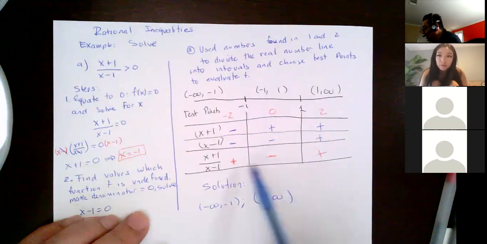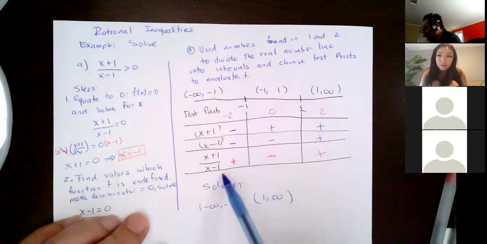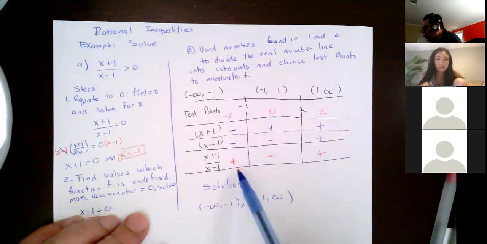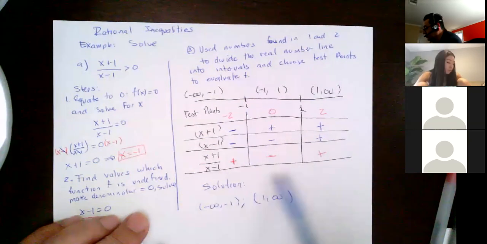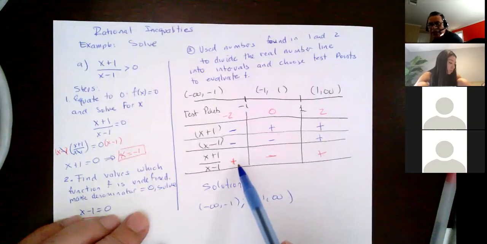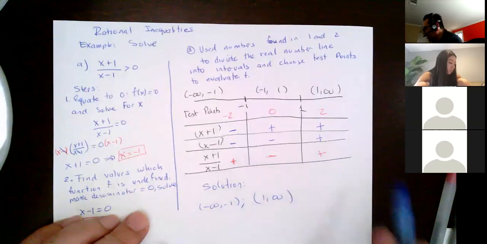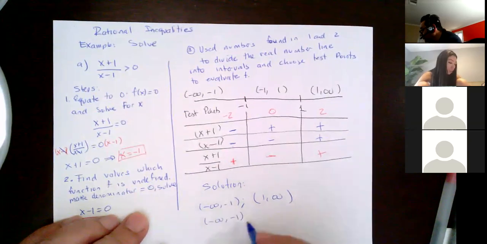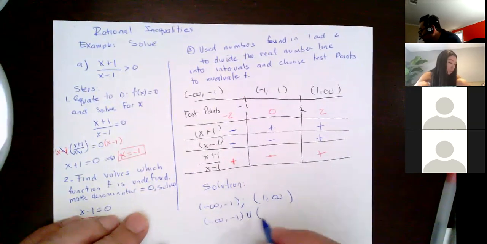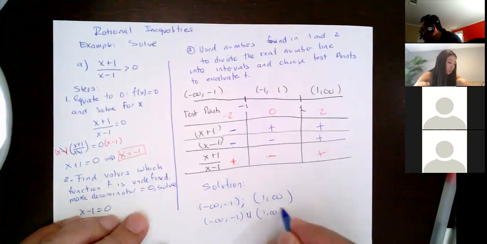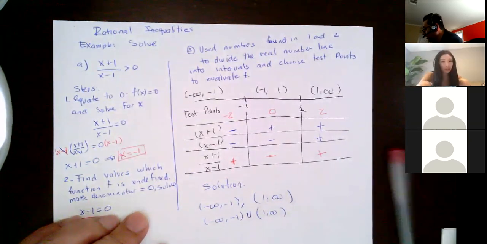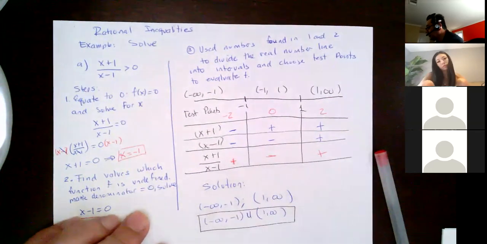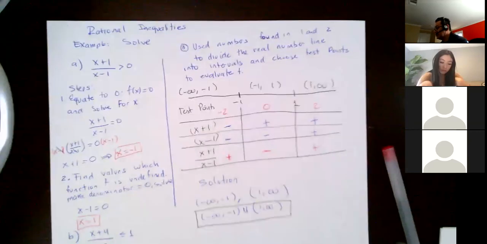Thinking about it, another way to write the solution is that I can also use the U as the union. I can also write it as a union, and probably my MyLab would like the solution to be that way.